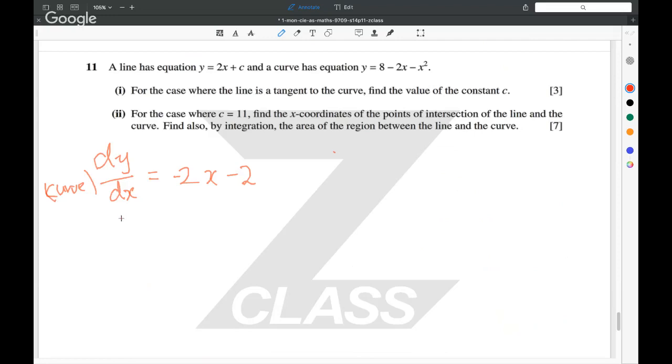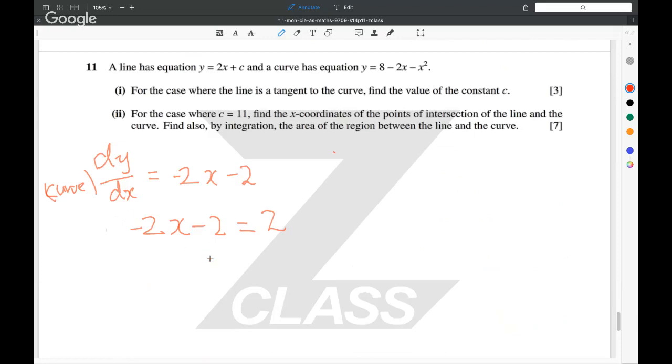And at the point where they are tangent, so basically at the point where the line is tangent to the curve, we must have that minus 2x minus 2 is equal to the gradient of the line, which is 2, because at the point where the line touches the curve, the gradient must match, otherwise it will intersect.